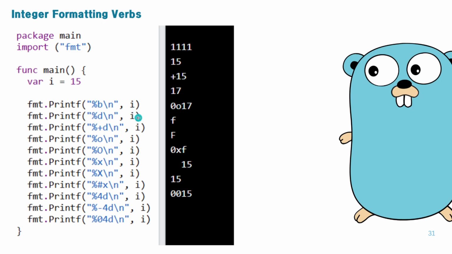Then it is basically the decimal value, which is 15, then with its sign, then in octal format again but with the leading 0o, in hexadecimal format in small letters, in hexadecimal format in capital letters, in hexadecimal format with 0x basically, and then there is a %4d with padding of 4 to the left, and then %-4d, which is padding of 4 to the right, and there is %04d, which is basically adding padding of zeros to the left. So that is the thing.